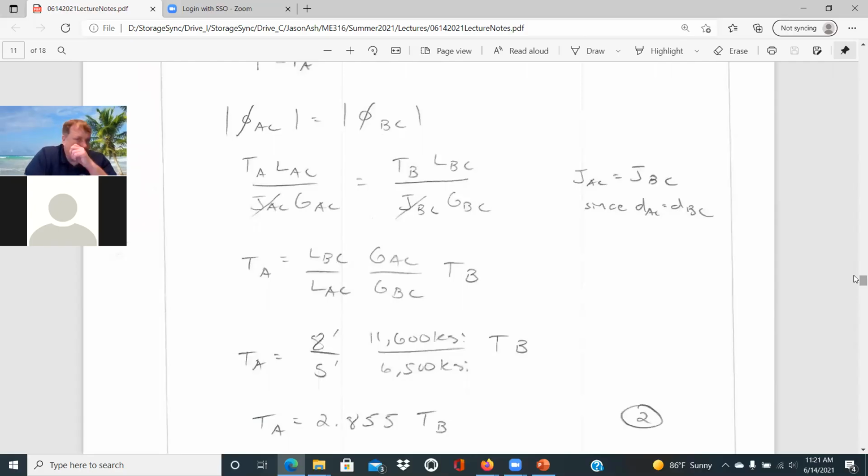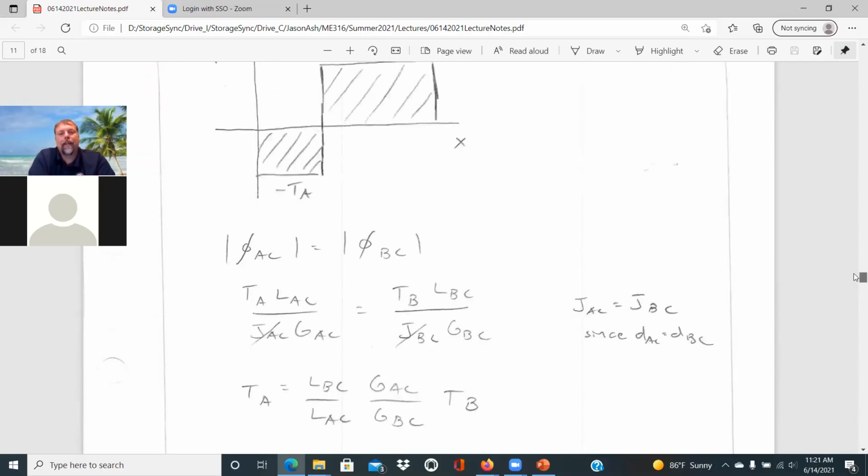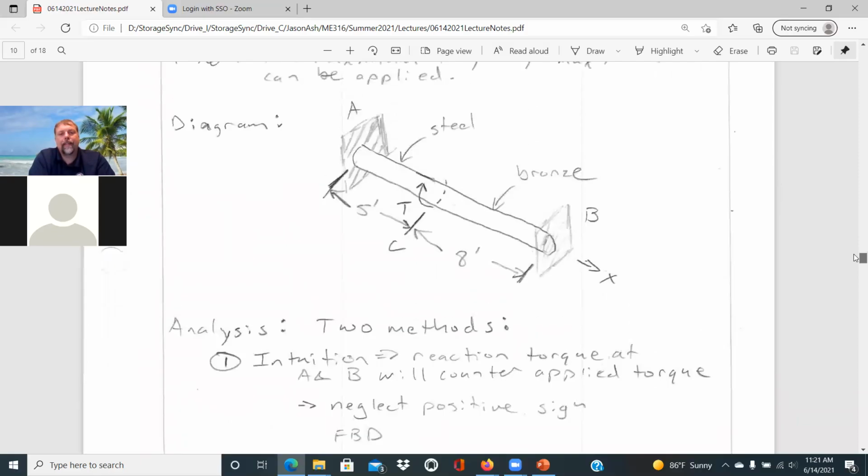And so our compatibility relationship, neglecting the signs, is we're just saying that the angle of twist for that first segment, AC, is going to be equal to the angle of twist for that second segment, BC. And we'll take a look at that again. Again, we'd have section AC and section BC, the left and right half.